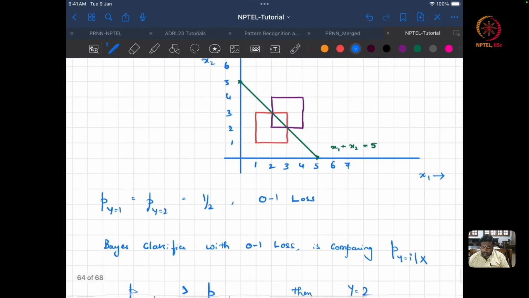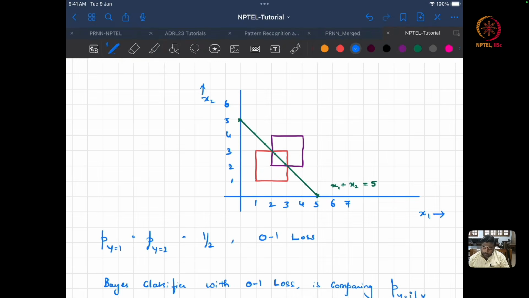Now what are these regions? So this is region A, in which you are not considering the common points at all. This is region A, and this is region B.